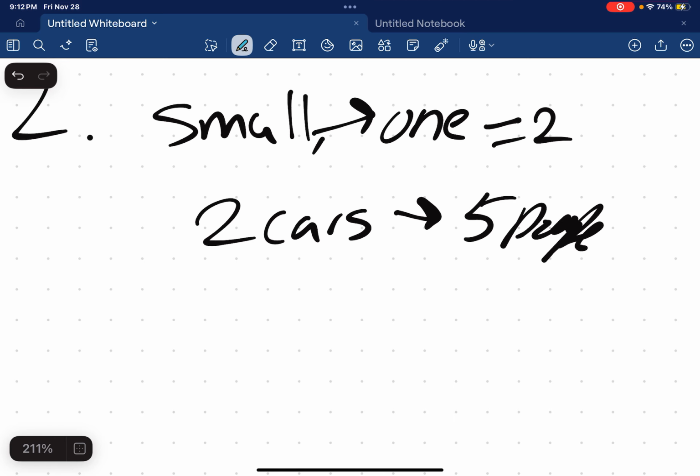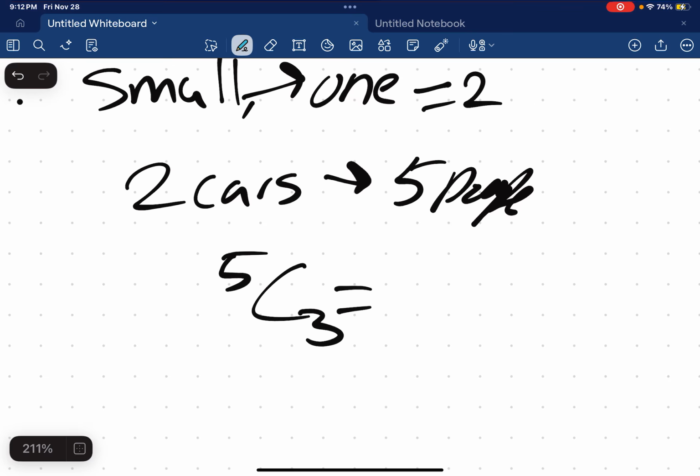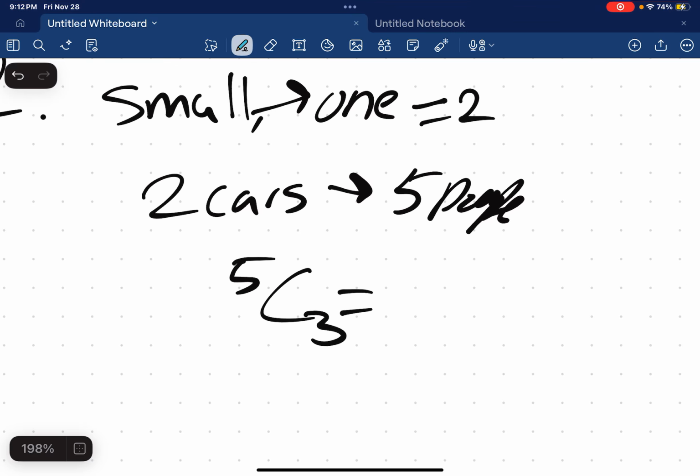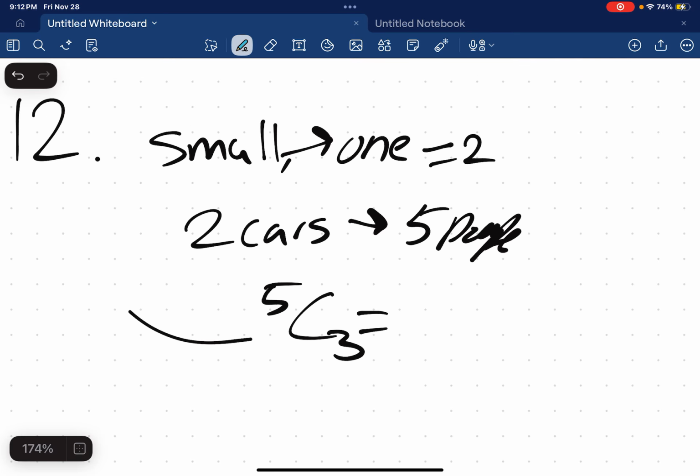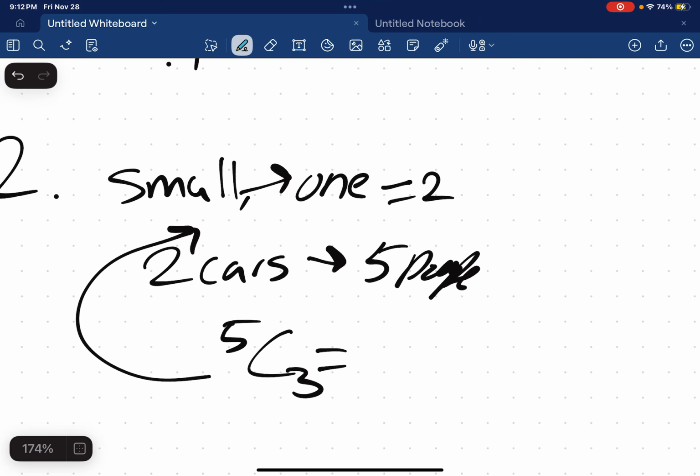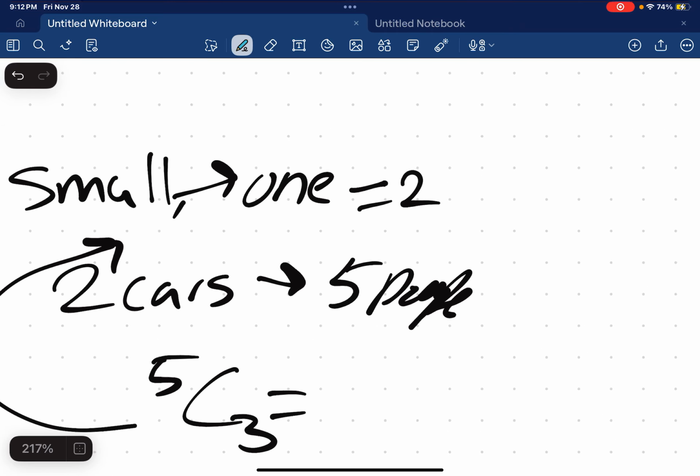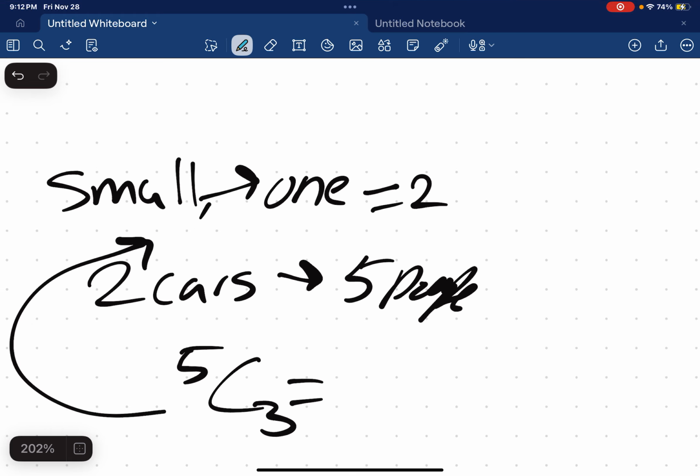Okay, so there are 5 choose 3 ways to choose a driver. This means that there are 9 ways to choose a passenger for the small car. Because after you've already chosen, how many people did they have in their group? 12 people, yeah. After you've already chosen 3 of those drivers, there's going to be 9 people left. And then there's 9 ways you can choose who's going to become the passenger for the small car.